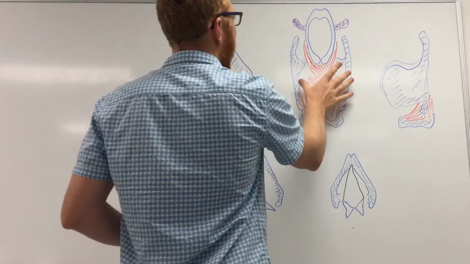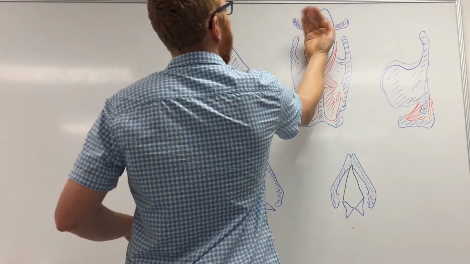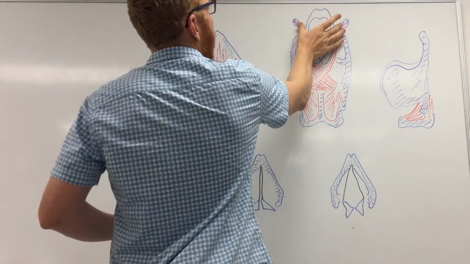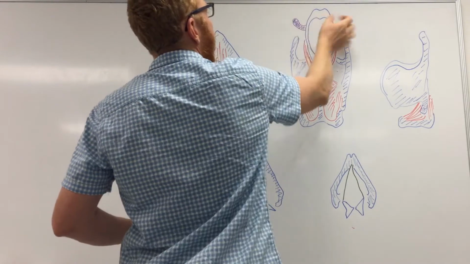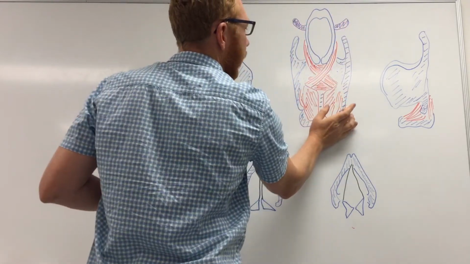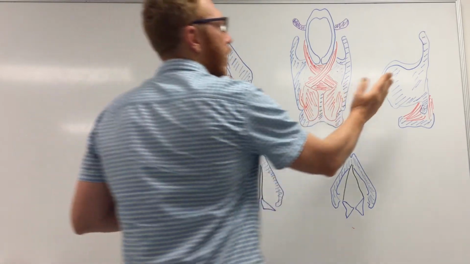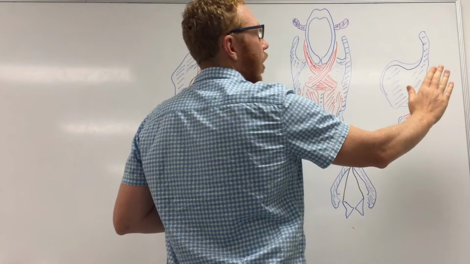Moving now to this diagram, this is a posterior view. Here we can see the epiglottis. In front of that, or anterior, is the hyoid bone, and then the thyroid coming down with the inferior cornu, which will attach with the cricoid. And then here we've got a side view.